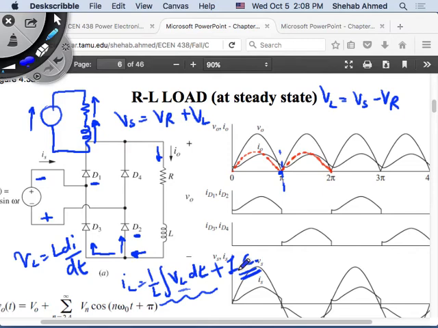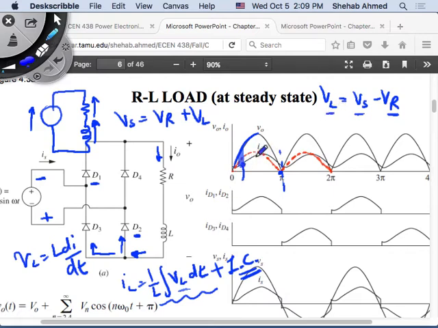So the same thing happens like we described before. Initially this is steady state, and the current is rising. Why does current rise? Because Vs minus Vr is positive. This is my supply voltage, and let's say this is the output current, equal to Vr in shape. Here, Vs minus Vr is a positive number, so the inductor voltage is positive and the current will keep rising.